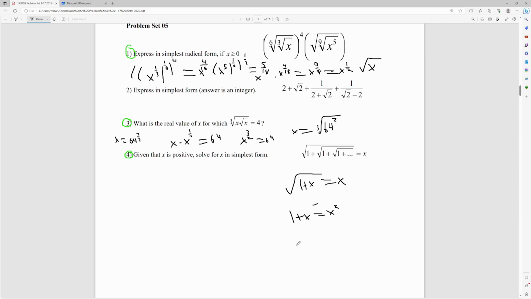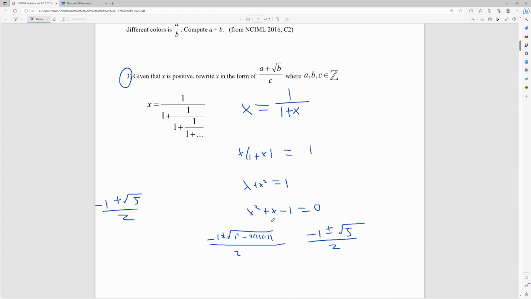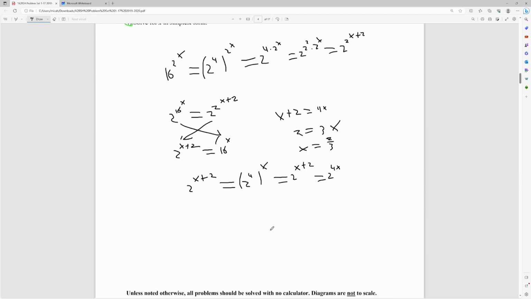Now let's subtract x from both sides, so we get x squared minus x minus 1 equals 0. I believe we had something very similar over here, but ignore that.